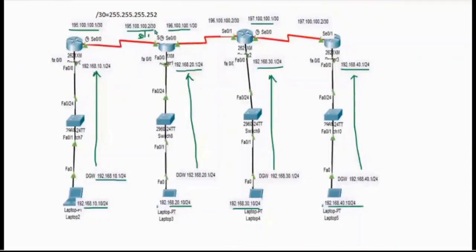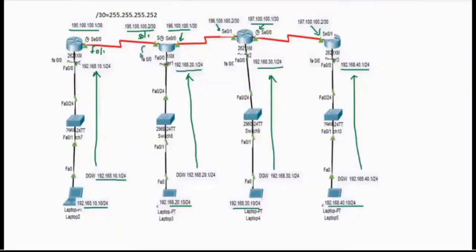And for the second router, serial 0/0, you can see 196.100.100.1, and for the third router, serial 0/1, 196.100.100.2. Likewise, it goes for the fourth and third routers, serial 0/0 and 0/1, right? You can see I have explained it visually.